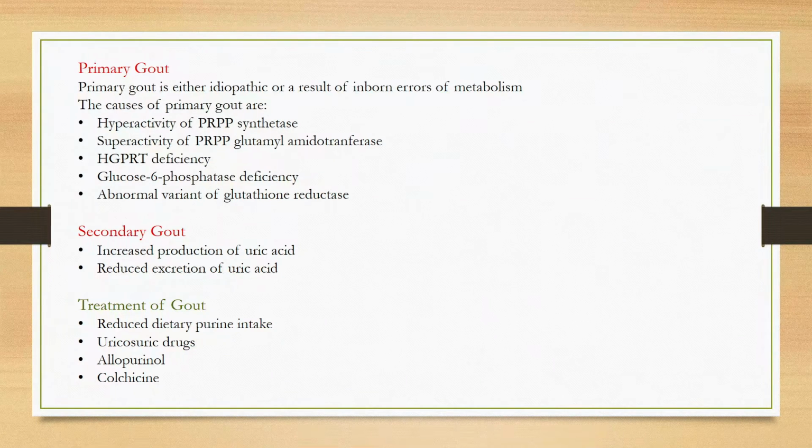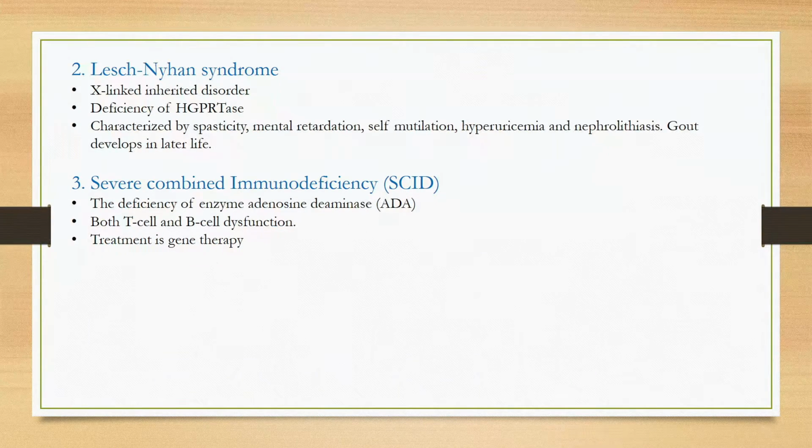Other agents are colchicine, an anti-inflammatory agent, and NSAIDs like indomethacin. You can also use steroids such as prednisolone to control the inflammation in gouty arthritis. So these are the modes of treatment of gout.